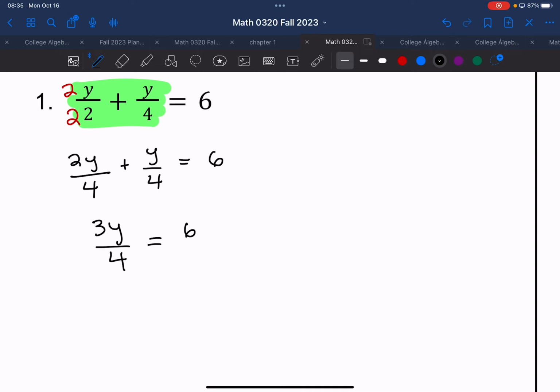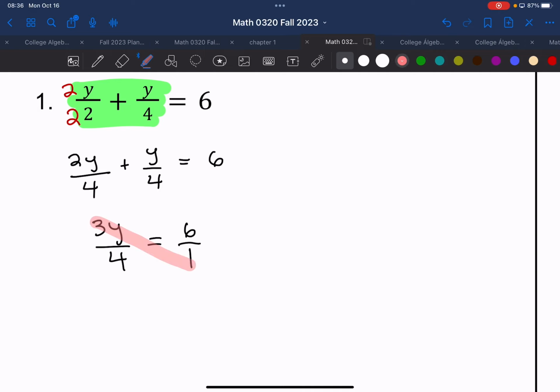There's multiple ways we could go about solving from this step. We could get a common denominator for both sides, subtract that 6 over, and make it equal to 0. That's one method. Or what I find the easiest is to turn the other side into a fraction. So how would 6 become a fraction? 6 over 1. Once we have a fraction equal to another fraction, we can cross multiply.